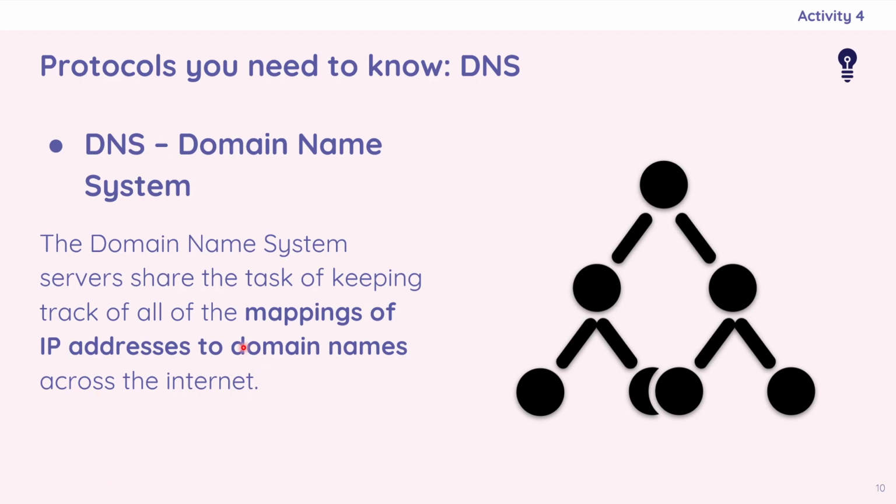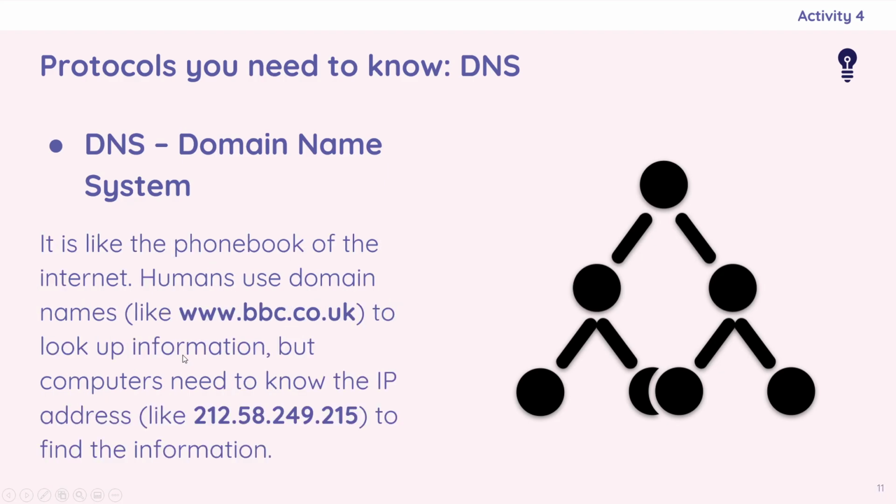So, what we're saying here is that this domain name, google.co.uk, is mapped to an IP address of whatever Google's IP may be. So, for example, in fact, this is what we just talked about. Let's say you've got a domain like the BBC website, bbc.co.uk, to look up information, but computers beneath the surface need to know the IP address. They need to know that in order to find out the information.